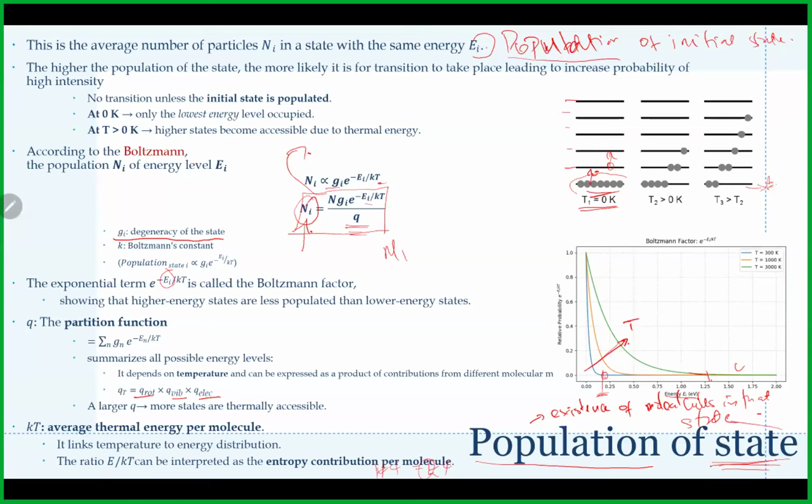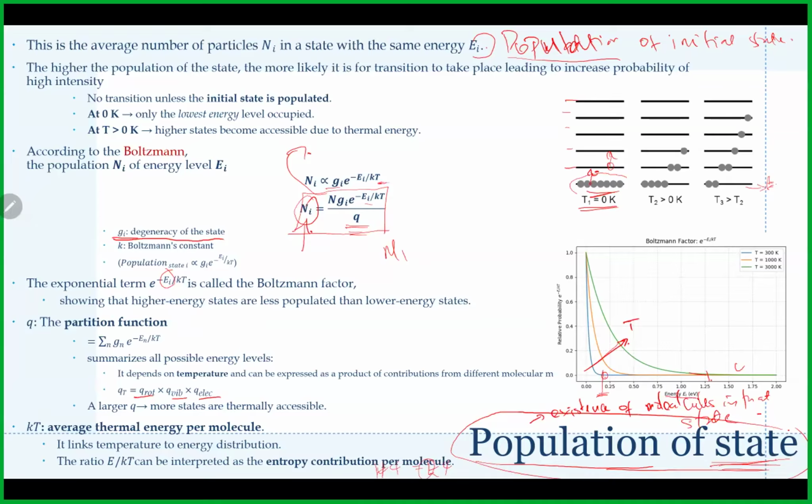So the key thing here that I want us to look at is that the population of a state is a function of the energy of the state. It's a function of degeneracy. It's a function of temperature. The more the degeneracy, the more likelihood the state will be populated because there is more place to occupy.